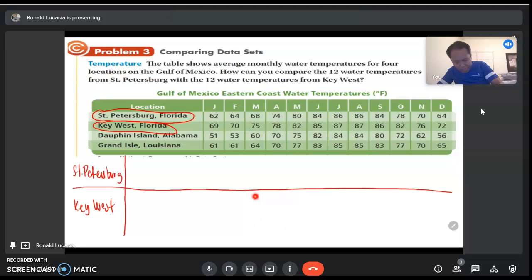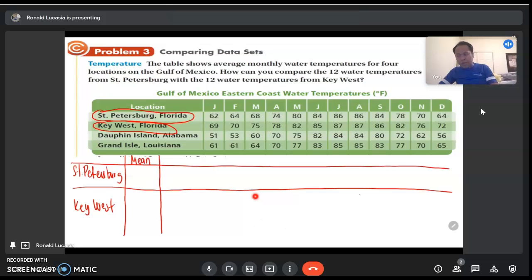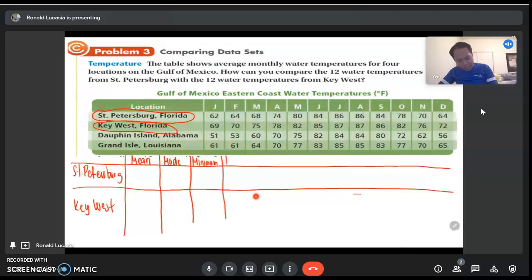So in comparing the data, we have to find the mean. We have to find the mode. We need to find the minimum. You have to find the maximum value.